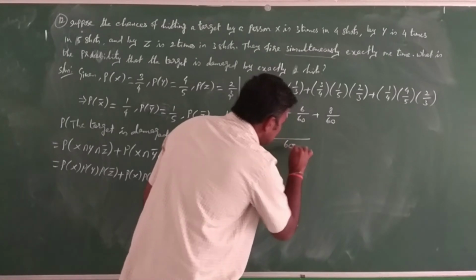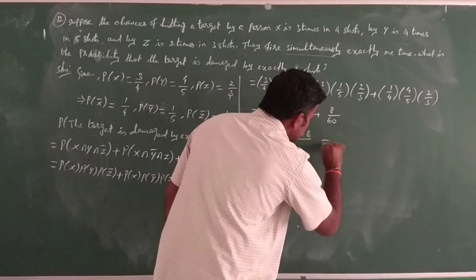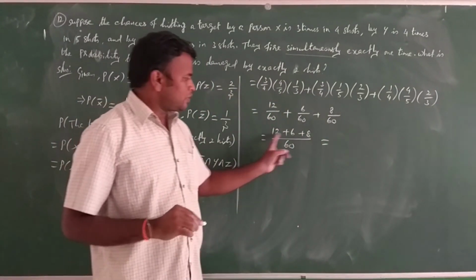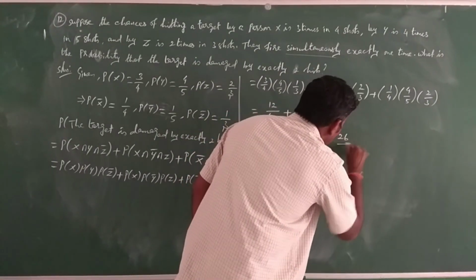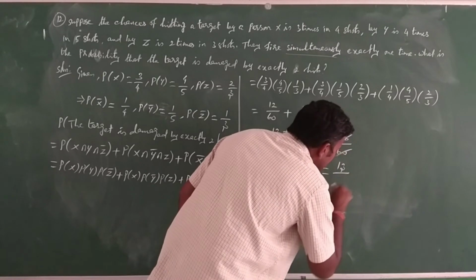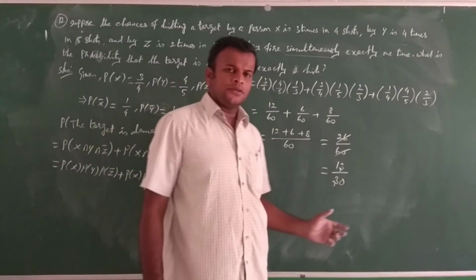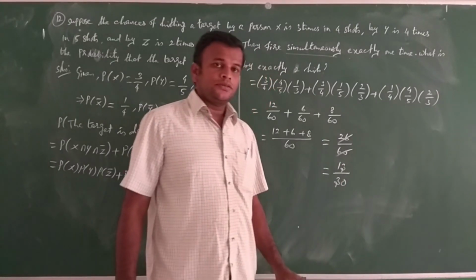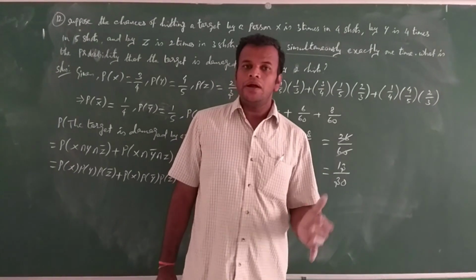Denominator 60, you add the numerators: 12 plus 6 plus 8. 12 plus 8 is 20, plus 6 is 26/60. Divide by 2, we get 13 by 30. All the answers are given as a fraction, so we write it as a fraction. So it is the required probability.